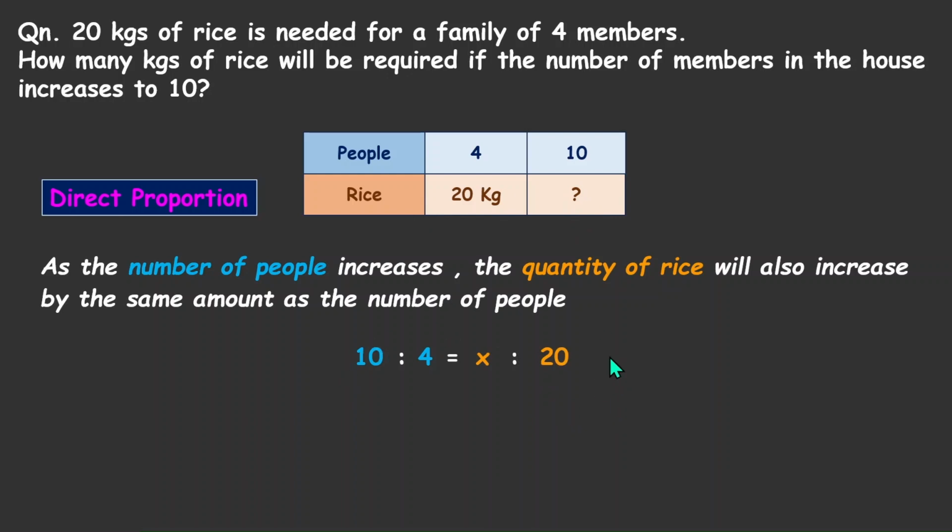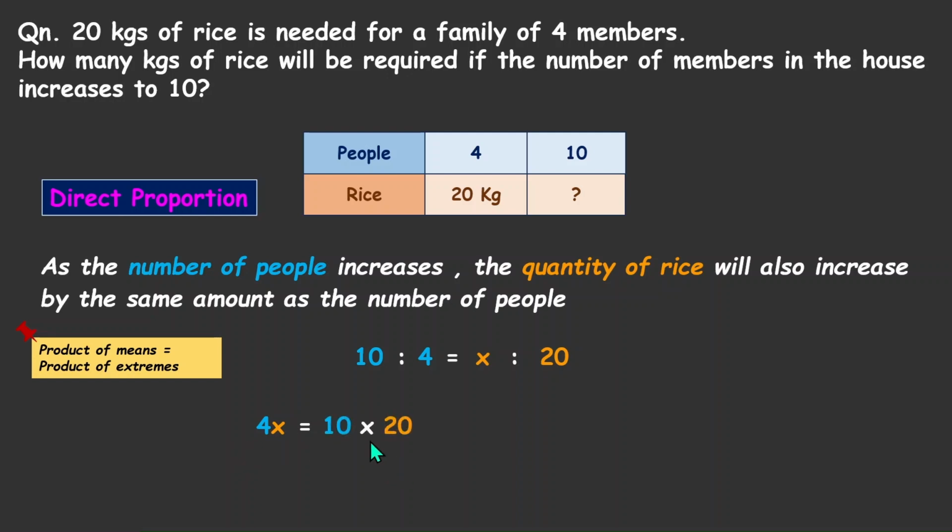When we write the proportion like this, we also know that for proportions, the product of means should be equal to the product of extremes. The means here are 4 and x, and the extremes are 10 and 20. So we can write that 4x is equal to 10 into 20.